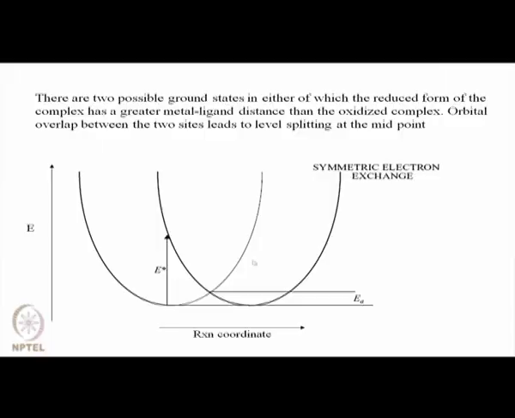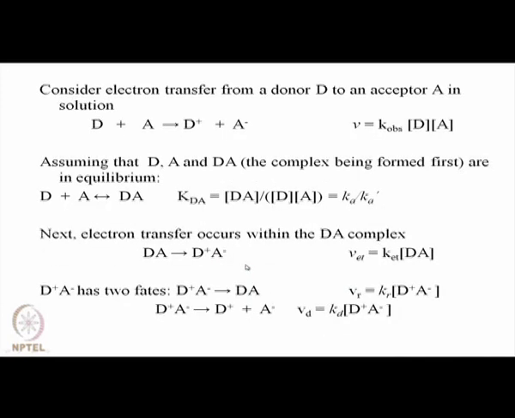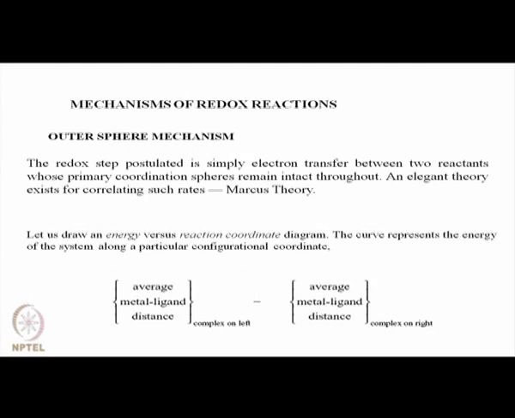As we have talked about here, electron transfer is a very crucial reaction. That is a redox reaction. So, in chemical, also in biochemical systems, electron transfer plays a very important role.